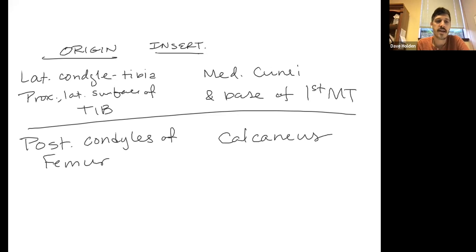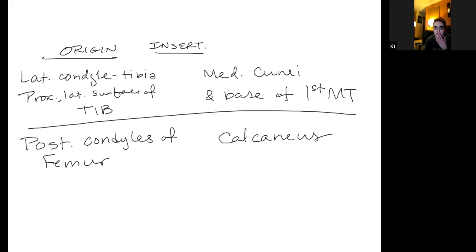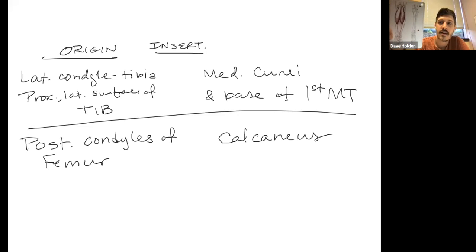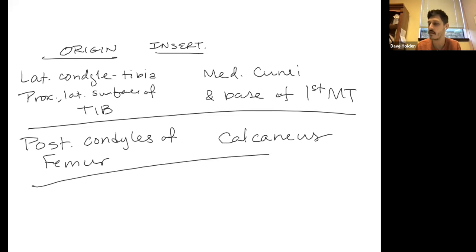I'm thinking of a muscle that originates on the posterior condyles of the femur, and it inserts on the calcaneus. Gastrocnemius. You guys are doing pretty darn good. All right.